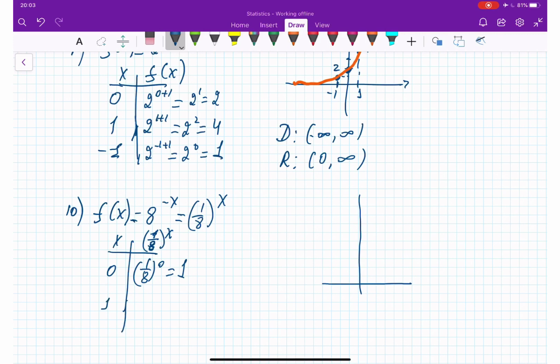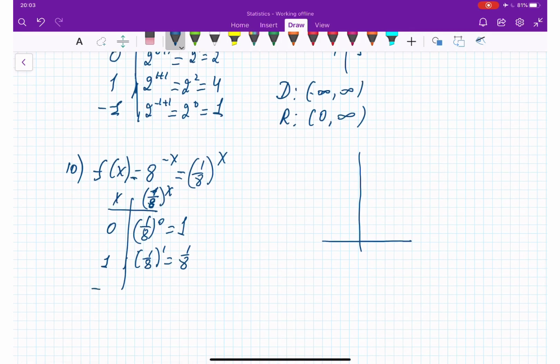X is equal to 1. So 1 over 8 to the power 1, it's going to be 1 over 8. And x is equal to negative 1. 1 over 8 to the power negative 1, we're going to flip it, it's going to be 8 over 1, which is going to be a positive 8.